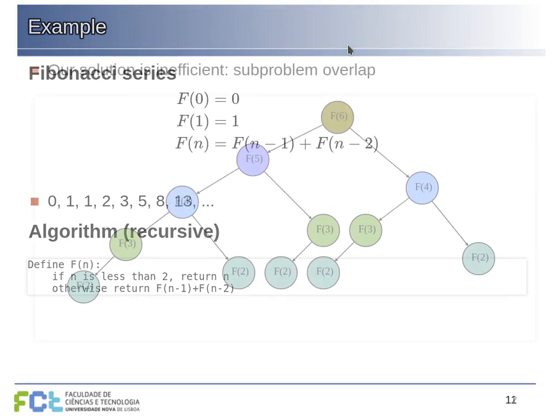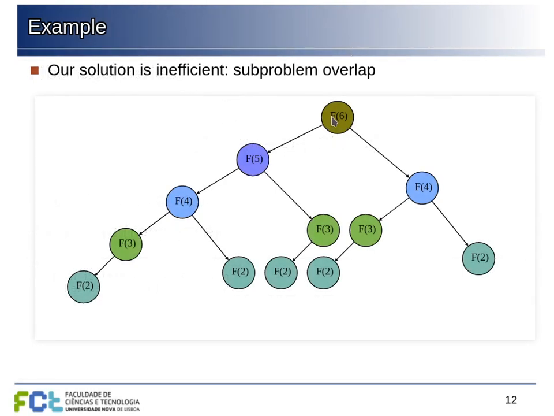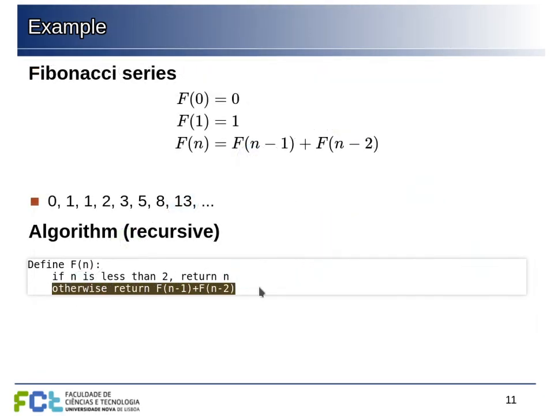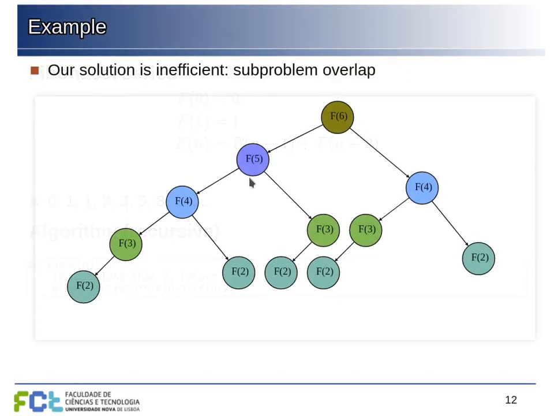Let's suppose we want to compute f(6). To compute f(6), we will call the function f for the Fibonacci numbers for n-1. So if n is 6, we'll call it for 5 and 4. So we create these two branches. This instruction here will create these two branches asking to compute Fibonacci of 5 and of 4.